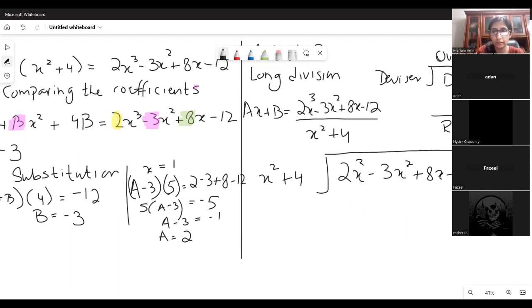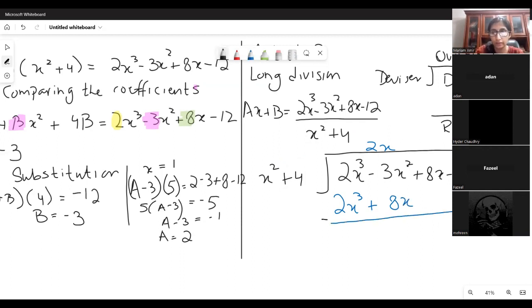Now you tell me, what do I multiply with x squared so that I get 2x cubed? 2x. So I'm going to write 2x over here, and then x squared times 2x is 2x cubed, and plus 4 times 2x is 8x.